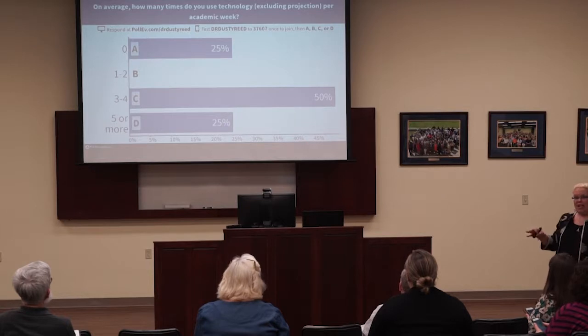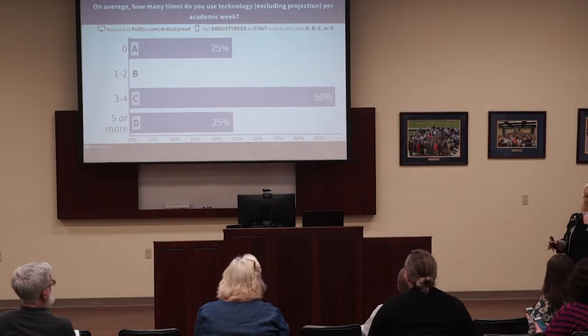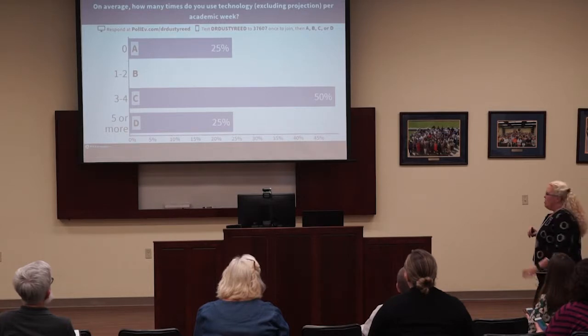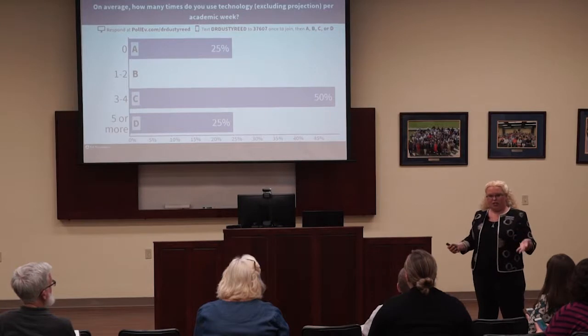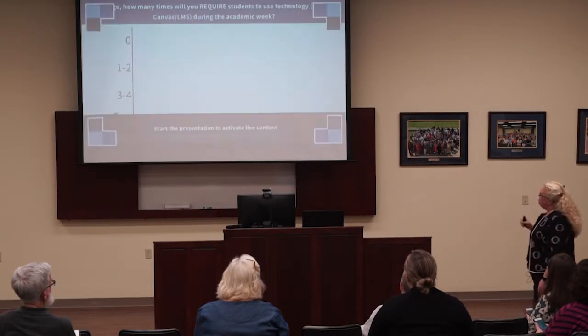A majority of your university professors are actually going to fall in that 0 to 2 range. Okay, so besides projection, and I happen to have a lot of exceptions in the room that work with special education technology that teaches technology classes for Jenny and Patty, it's typically not as popular once you get to the university level.